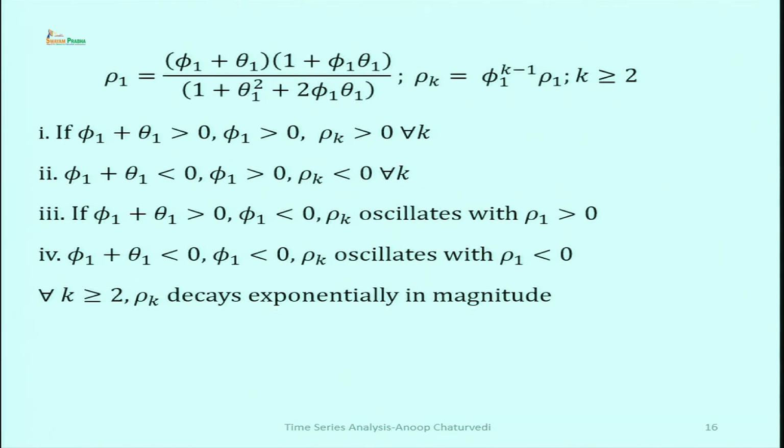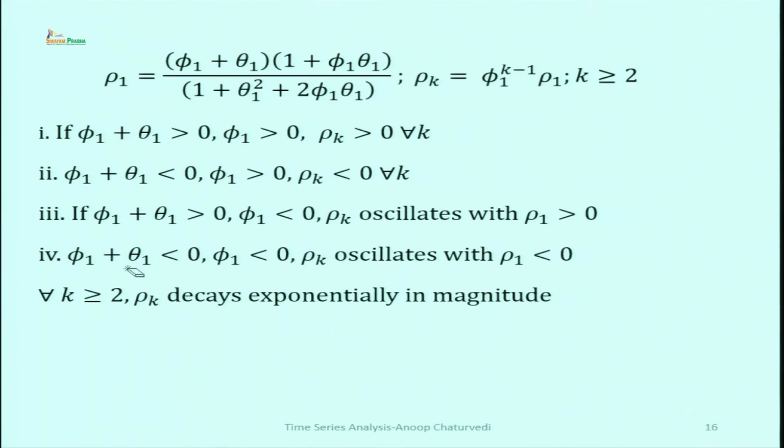If phi 1 plus theta 1 is greater than 0, but phi 1 is less than 0, in that case rho 1 is greater than 0, rho 2 is less than 0, rho 3 again greater than 0. So, starting with rho 1 greater than 0, rho k oscillates between plus and minus values.